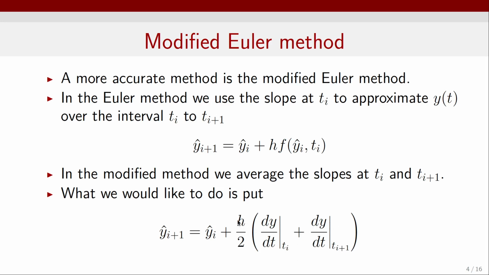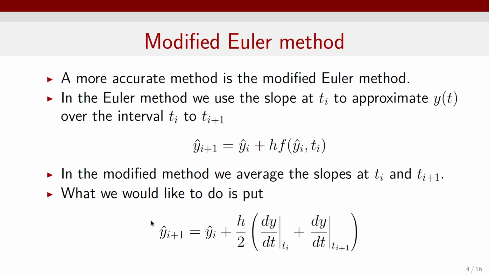This term would change sign because remember h is the difference between ti plus 1 minus ti. So this term will just change sign, and then these terms will swap. So in the end, if I take this term to the other side, I get the same formula. So that means the formula is time symmetric.